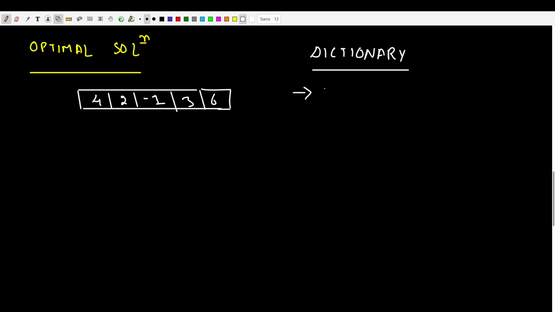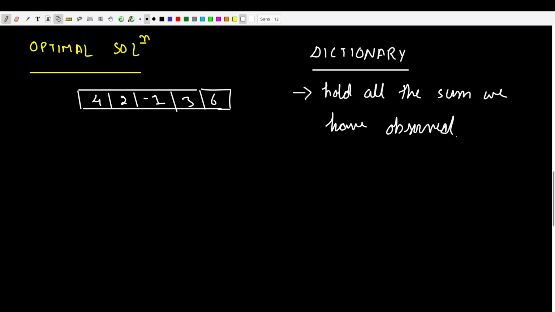This dictionary will hold all the sums we have observed so far. All right, so let us see how we are going to do it. So we'll start from here. Right now the sum is 0.